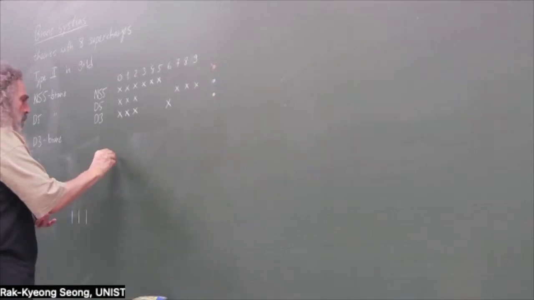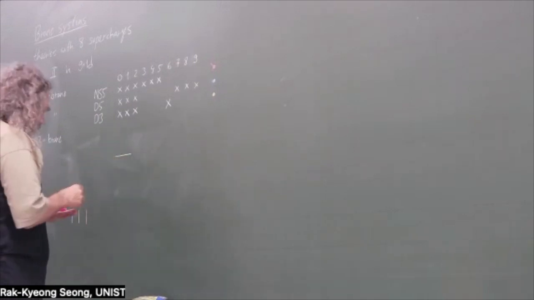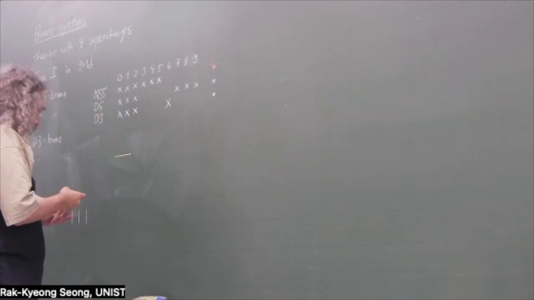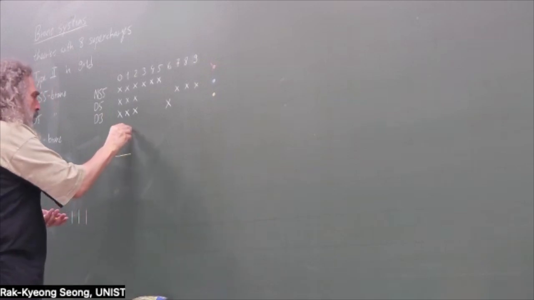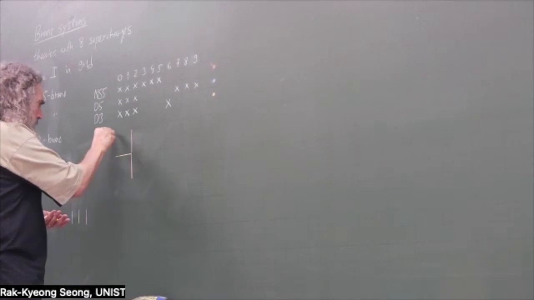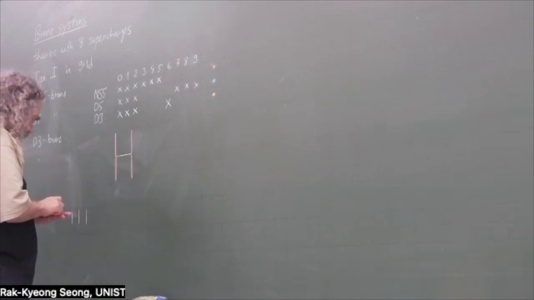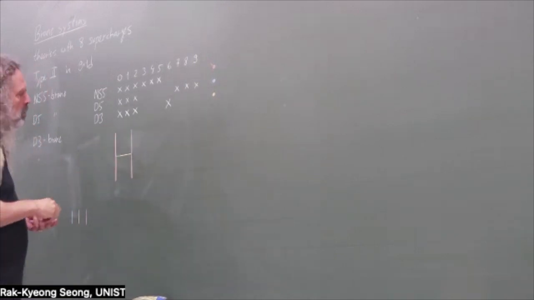And the next thing I need is boundary conditions, how branes can end on branes. So I could have a yellow brane, it can end on red. And this is a projection.